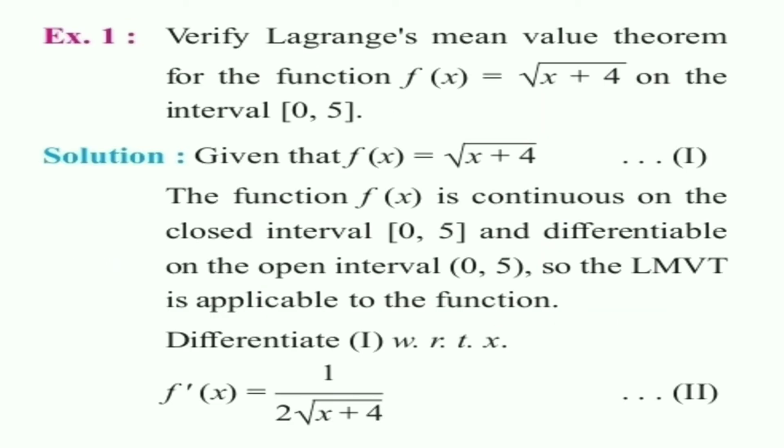Example 1. Verify Lagrange's mean value theorem for the function f(x) equals root of x plus 4 on the closed interval [0, 5]. Solution. Given that f(x) equals root of x plus 4. This is equation 1.